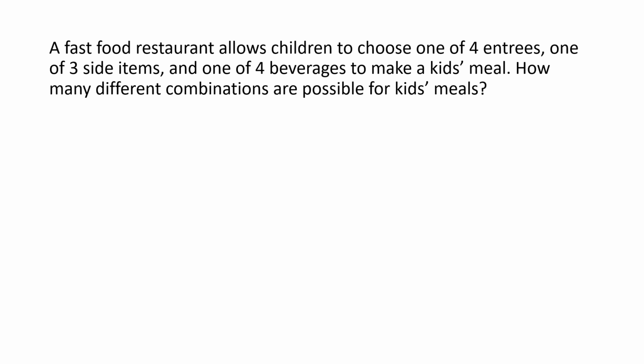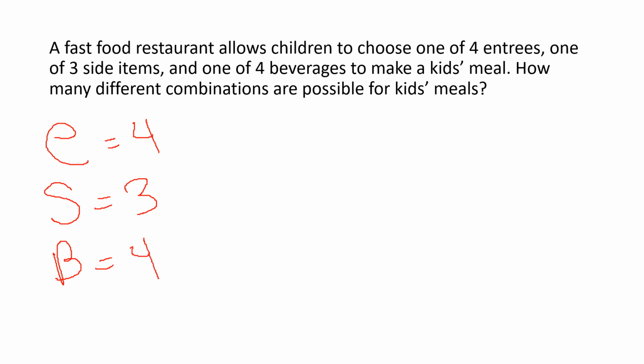We can have an entree, we can have a side item, and we can have a beverage. So we could have one of 4 entrees, one of 3 side items, and one of 4 beverages. And to do the multiplication principle of counting, we simply multiply all of these options together.